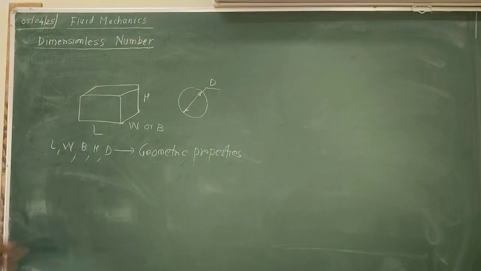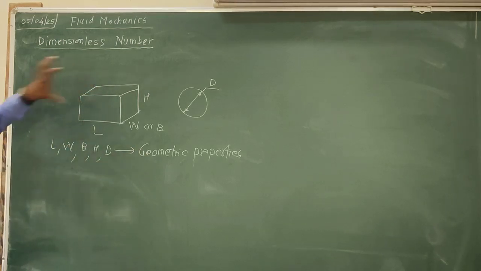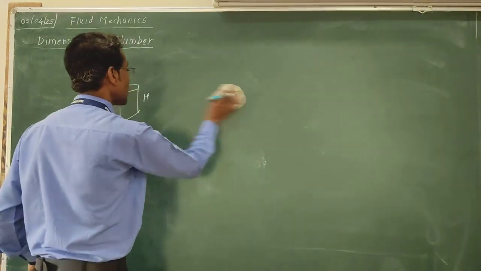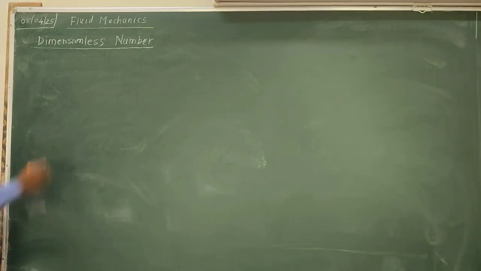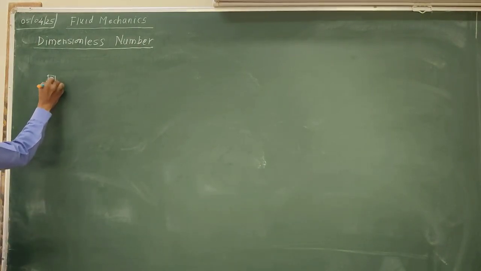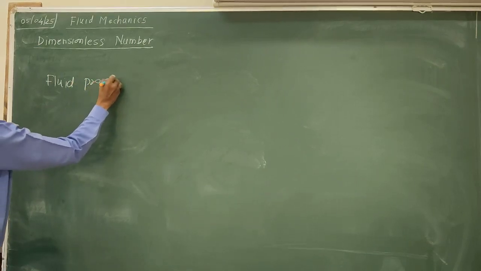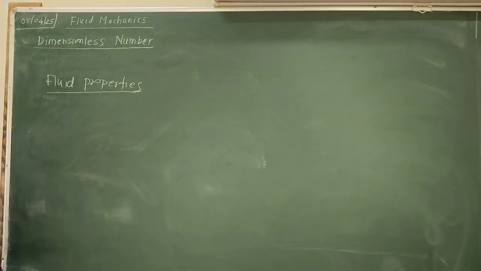So this is the next group. The first group was flow properties. The second group is geometric properties, which give information about the size of that object. The third category is properties that give information about the nature of the fluid.